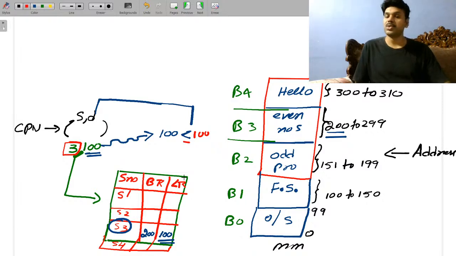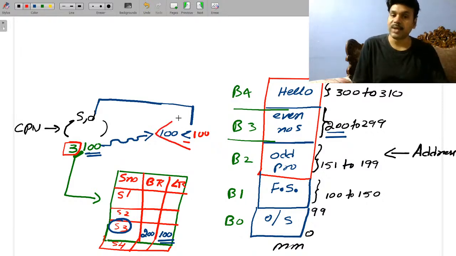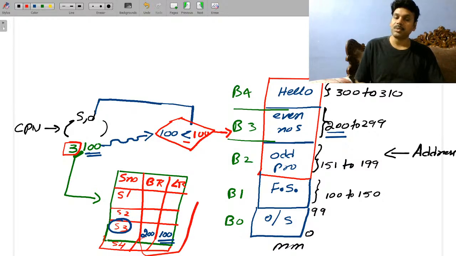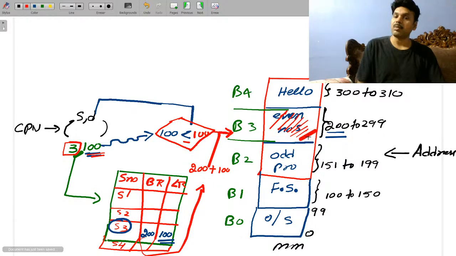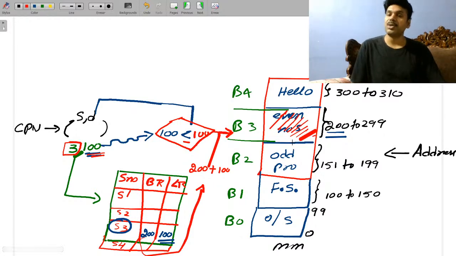So this is satisfied in this case. When this is satisfied, you are going to access this memory. How? It is going to give you the starting number. What is the starting number? You are trying to access the 200th address plus you are requesting 100. Therefore, it takes you to block 3. Now you are trying to access this particular block.